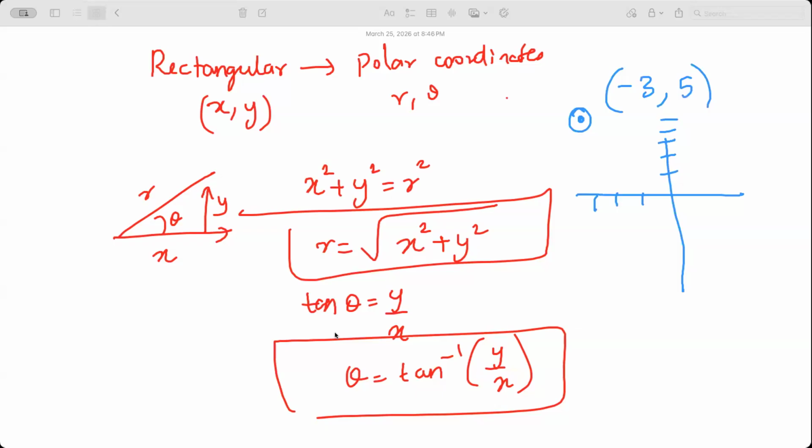Please put your calculator in radians. Try to plug in and find the values of r comma theta. This is definitely tricky. Should we simplify the square roots?